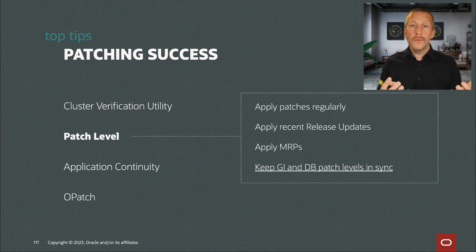We do recommend against mixed version or mixed patch levels, but in our own house, inside Oracle, our autonomous database, all our cloud services, all our software as a service, when they run on cluster databases, this is the method that we use, and this is what we do the majority of our testing on. So I strongly recommend that you keep the database and GI patch level in sync.